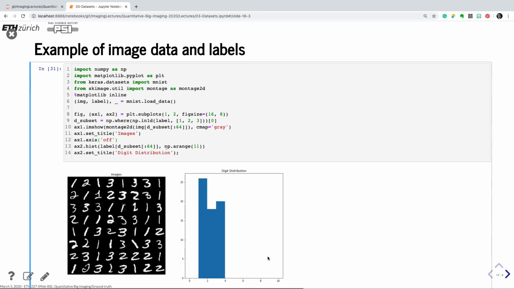Now it's better. Good. So you can see here that there is a distribution among the 1s, 2s, and 3s, where the 1s are dominant, and that gives you the distribution of the data, so it's a relatively homogeneous distribution in this case, even though there is one majority class.